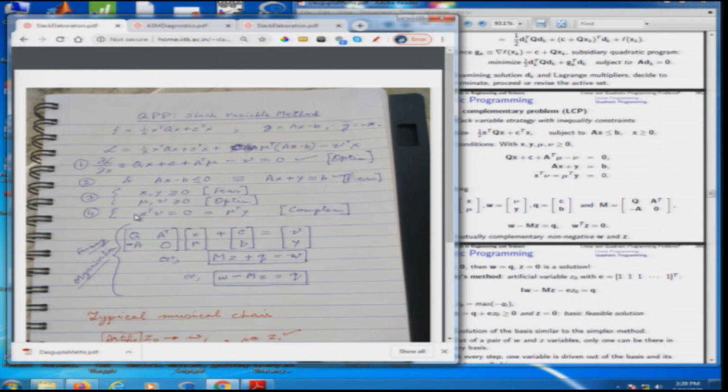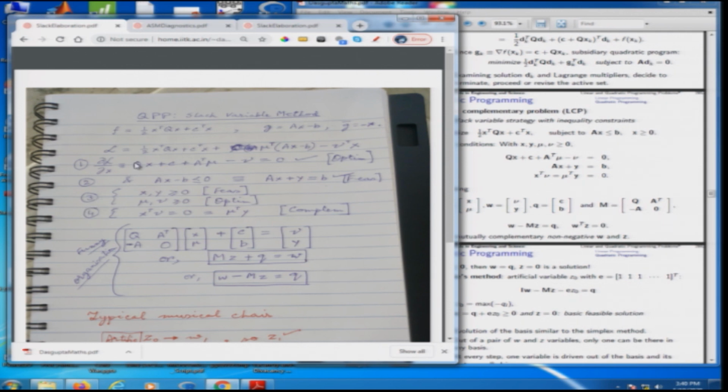And these are the complementary conditions, x transpose nu, because corresponding to these constraints you have nu as the Lagrange multipliers. So, each pair x j nu j should be 0, and similarly for this set you have mu j y j equal to 0, the product of each pair. Okay. So, these are the complementary conditions. So, these are all the KKT conditions that you have.